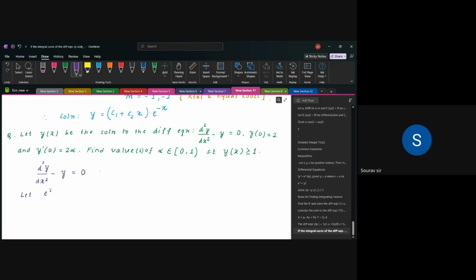So let e raised to the power mx be a trial solution, right? So if I put this in the differential equation, this will be m square into e to the power mx minus e to the power mx equals 0. So e raised to the power mx is not equal to 0.